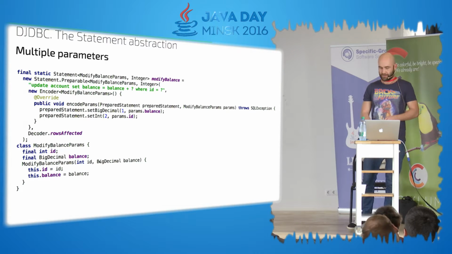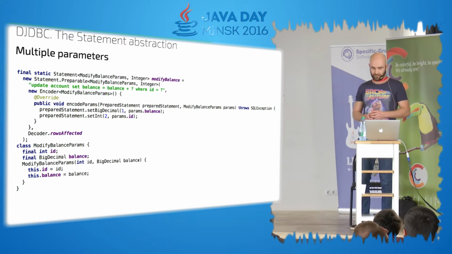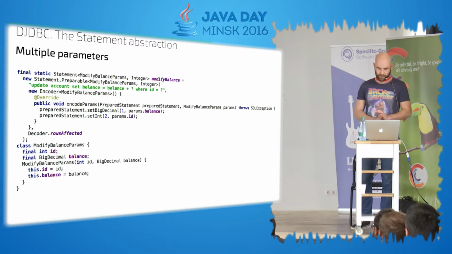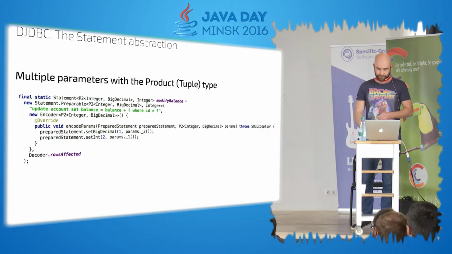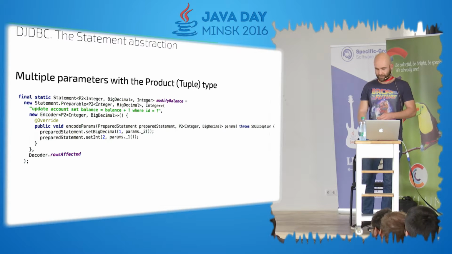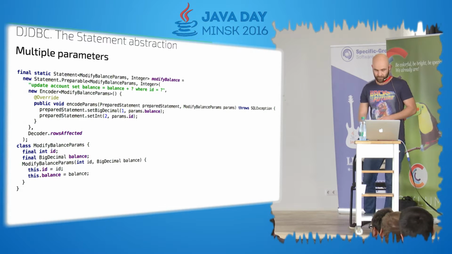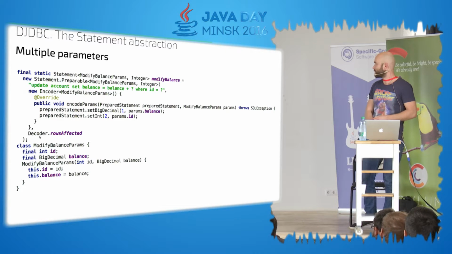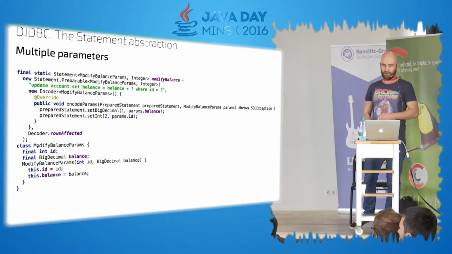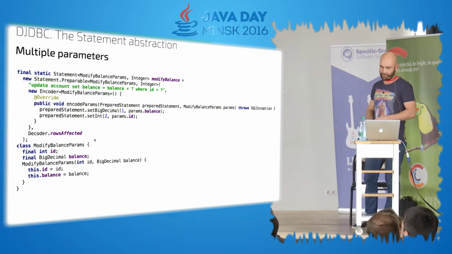Those values are ID and balance. Apart from that, the rest of the code is pretty much understandable. But then this thing can actually be abstracted over. I mean, I don't expect you to be happy about introducing a class for each statement just to be able to pass the parameters to them.